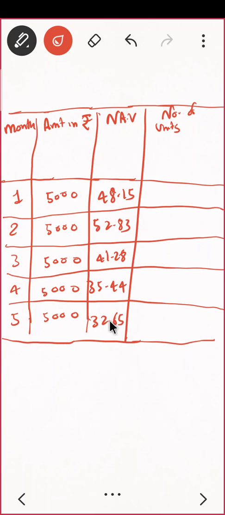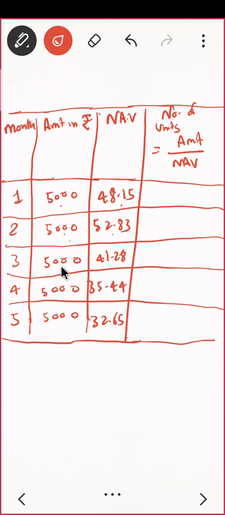Okay, see the table, if there was some entry load, then another column comes, that is purchase price. But here there is no entry load, so NAV is the same as your purchase price. How will you calculate the number of units? This is your amount, this is your NAV, so number of units is equal to amount upon NAV. So you just have to calculate 5,000 divided by 48.15.